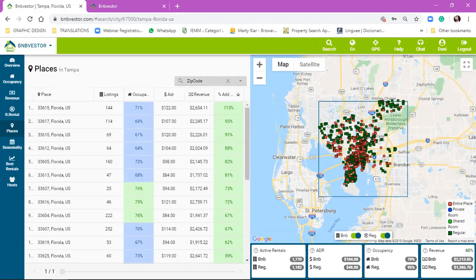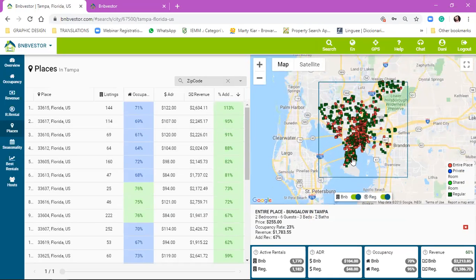But on the map area, you can see the green dots and red. So the green ones are for regular rentals, and the red are for B&B listings. These are active, both regular and B&B listings, okay? If you click on any of the dots, it will give you their information depending on where you want.